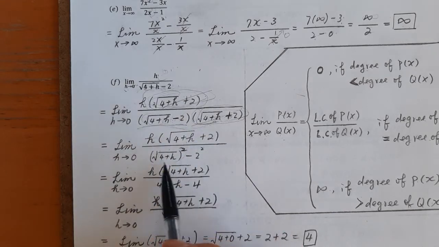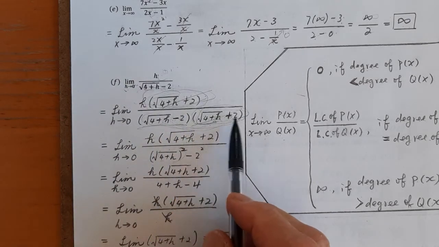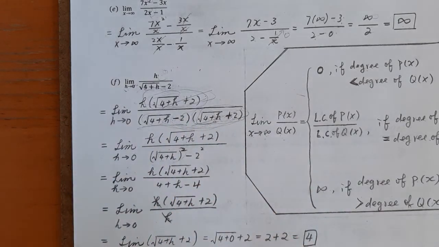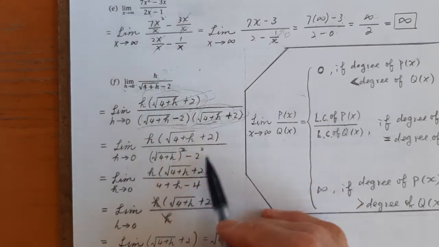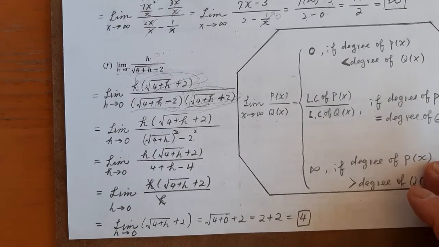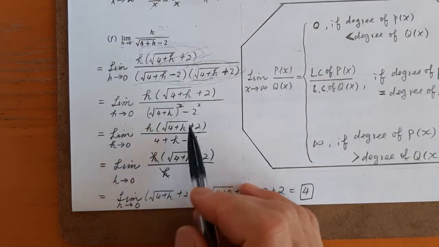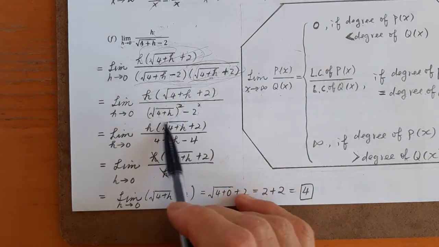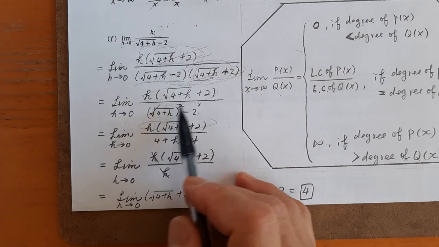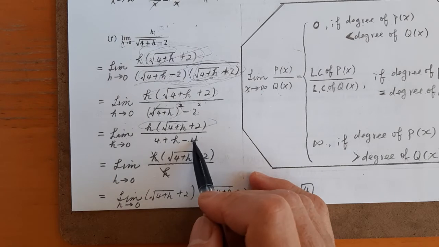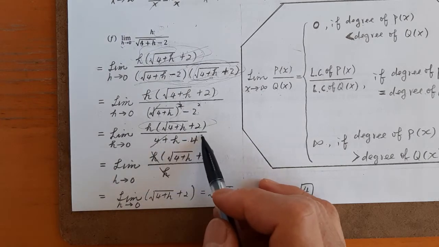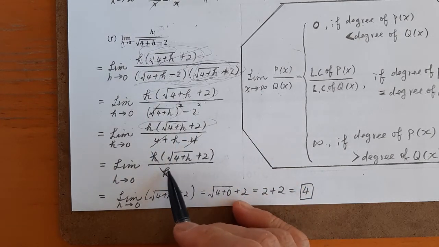This times this is the square. The outer term product and inner term product combine to 0. Then the last term product is negative 2 squared. The numerator is still copied down. Denominator: square and square root cancel. Get 4 plus h minus 2 squared, which is 4. 4 minus 4, 0. So h remains.